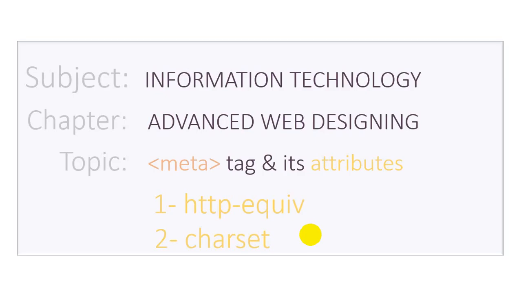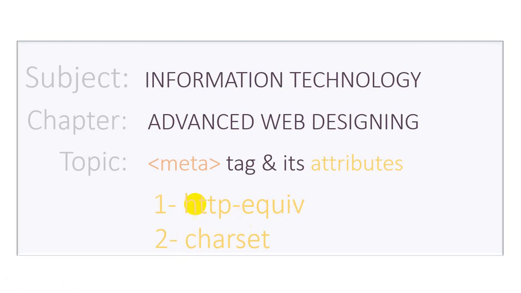Okay, that is our first chapter, Advanced Web Designing, and we are learning meta tag and its attribute. In the previous lecture we have seen the name and content attribute of meta tag, but in today's lecture our focus will be on HTTP equiv. What is HTTP equiv? That is HTTP equivalent. Then we will see one more important attribute of meta tag, that is charset, or you can say character set.